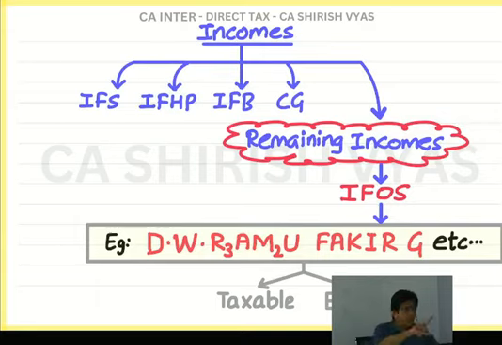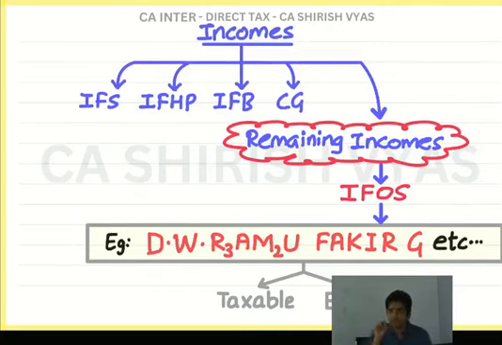So see, don't think you understood the logic. The real reason for this, I will not be able to explain today, unless I teach you one topic called clubbing of income in your syllabus. And if I try to struggle and explain the logic today, it will be too early for you to digest, because it also requires the knowledge of tax rates.